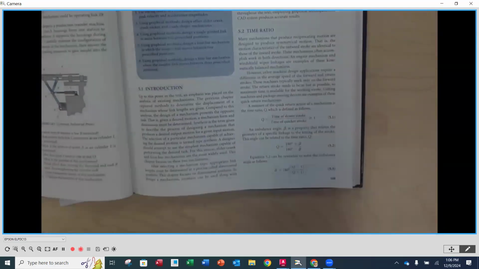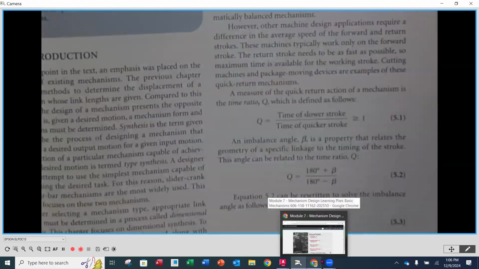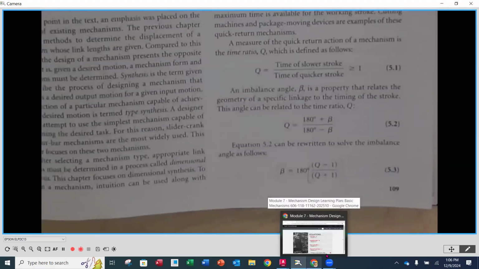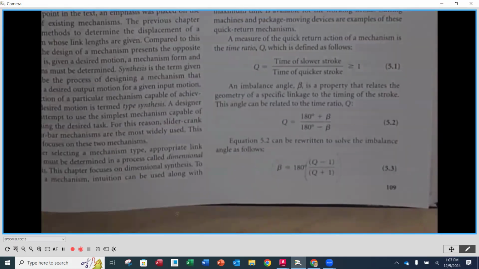And they're also going to be the ones that we're going to be using and calculating for not only our practice problems, but also for the assignment that you're going to have. So what I'd like to do, since it's going to come in handy for our practice problems as well as our examples, is create an equation sheet for us.